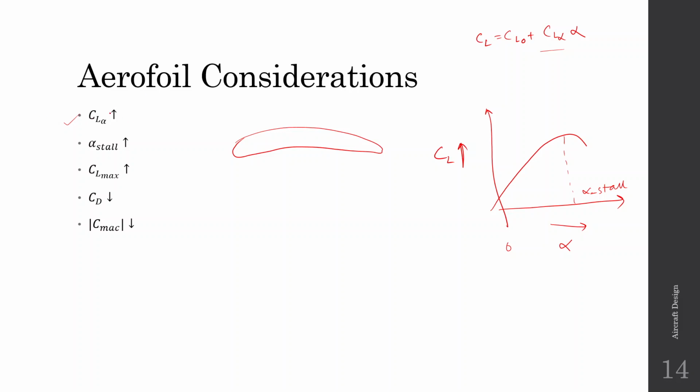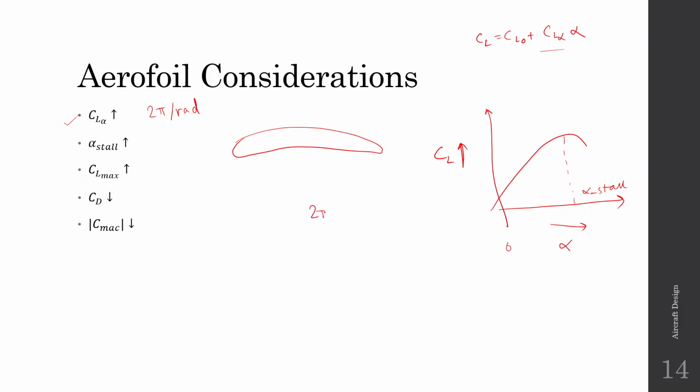But this is not a very important consideration, because CL alpha is approximately 2 pi per radian for all the airfoils, and it is very difficult to increase this beyond this limit.